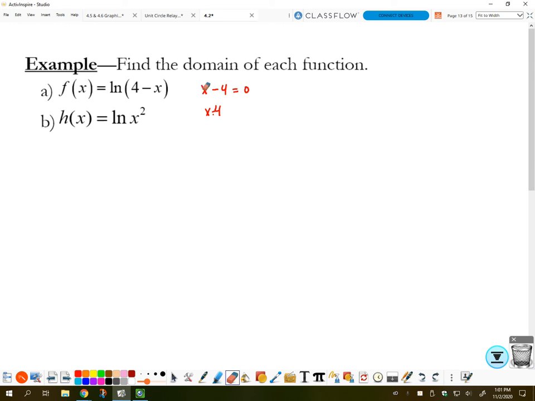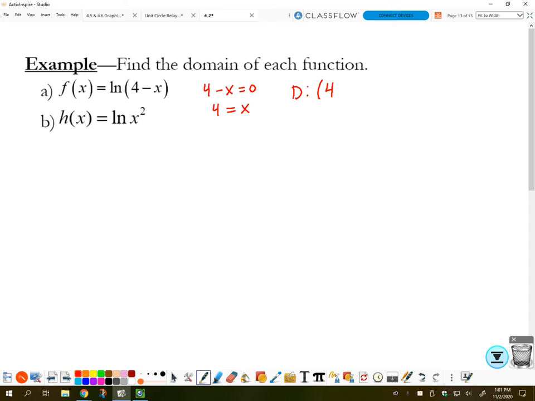So if I have one that doesn't look like I expect it to look, I can always figure out where my asymptote is going to be by setting the guts equal to 0. So in this case, if I move x to the other side, I still get that x is 4. So we're going to say that the domain is 4.